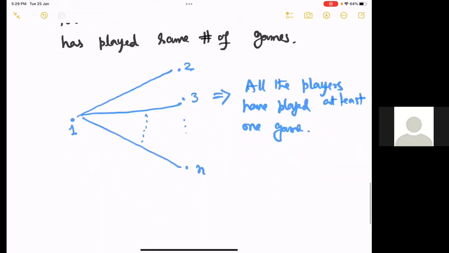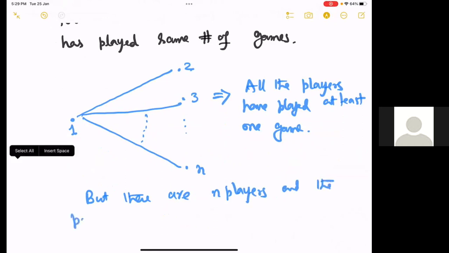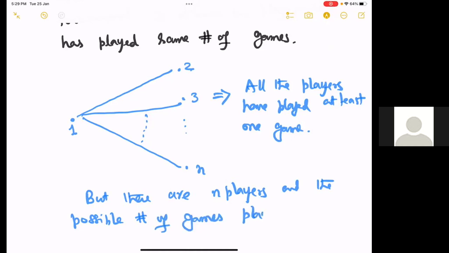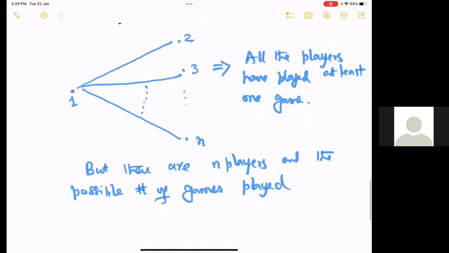But there are n players, and the possible number of games played: nobody played 0 games because there is a player one who has played with everybody, right?